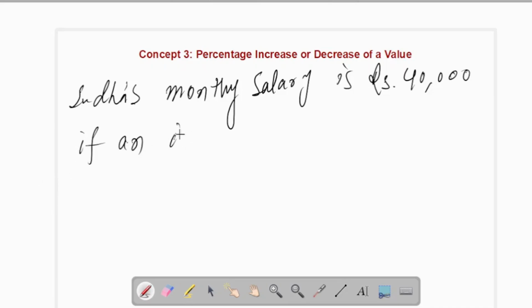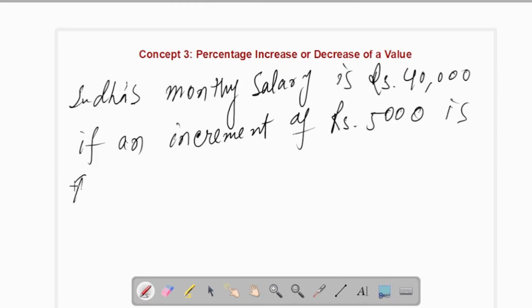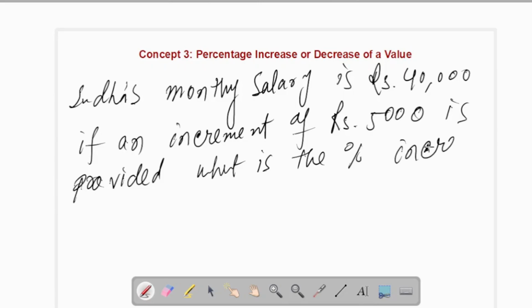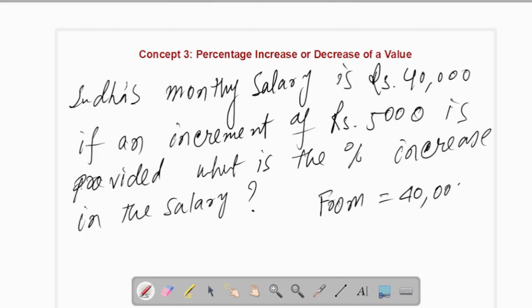If an increment of rupees 5,000 is provided, what is the percentage increase in the salary? So if I take the formula here, from is 40,000, right? And it is going up by 5,000 increment, so it will be 45,000.